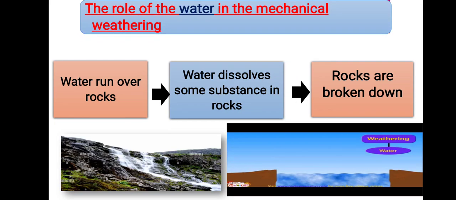Number two, the water. The water from the river, from the rain, from the ocean, any water. When the water runs over the rock, as we can see in this picture, water from the rain, the river, the sea, or a waterfall, then over many years the water can dissolve some substances of the rock.